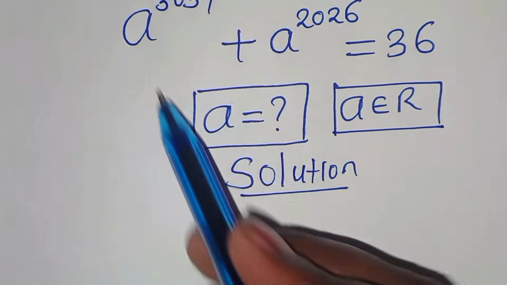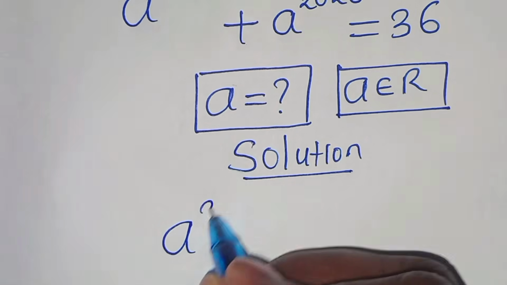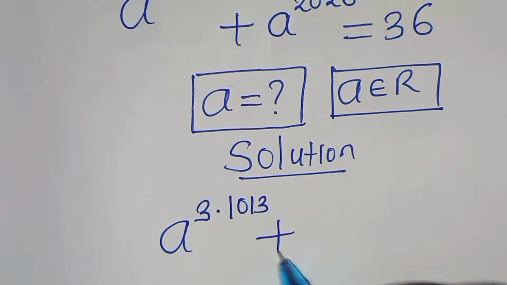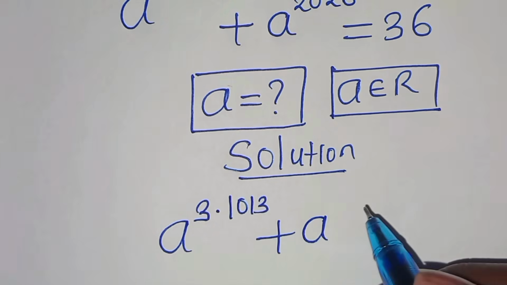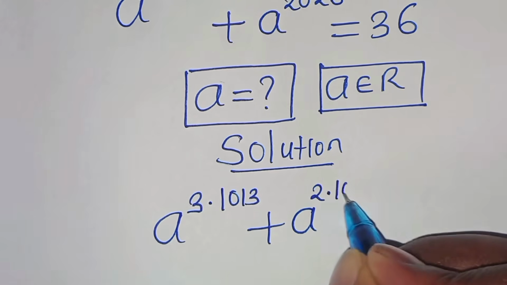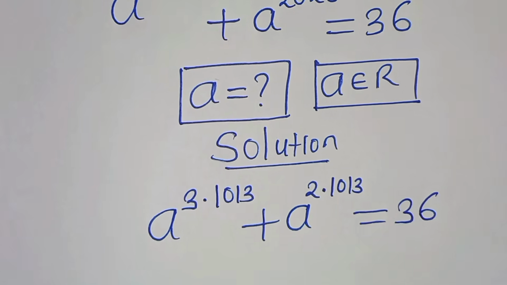We can express a to the power of 3039 as a to the power of 3 multiplied by 1013, plus a to the power of 2026. This can be expressed as a to the power of 2 times 1013, and this is equal to 36.